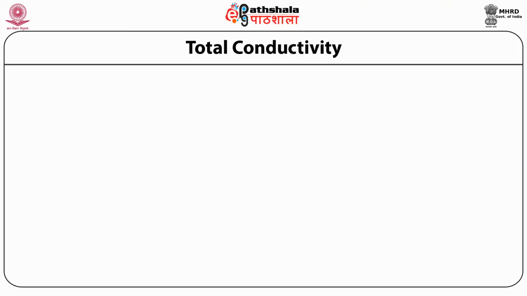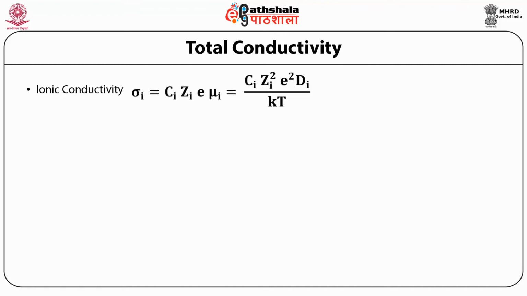Before moving to total conductivity, the ionic and electronic conductivity. The electrical conductivity of a species, let us say i, sigma i, is defined as the charge flux per unit electric field. The units are ohm inverse centimeter inverse, or we can say Siemens per meter.